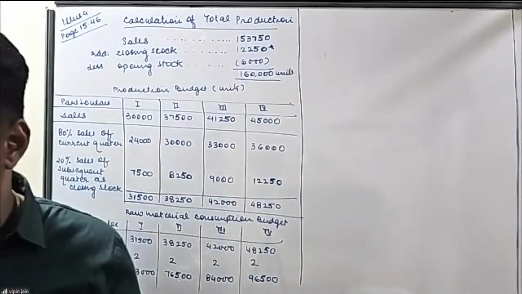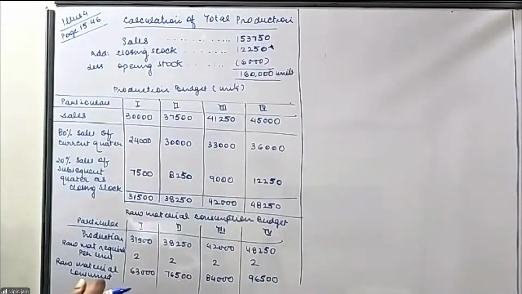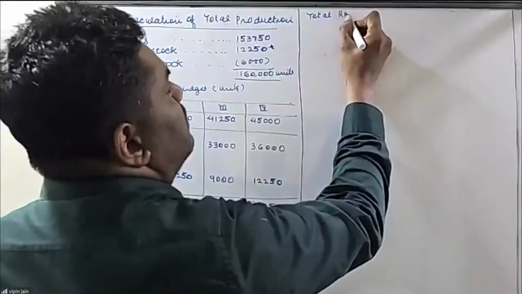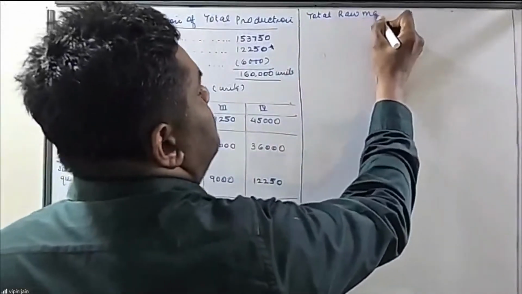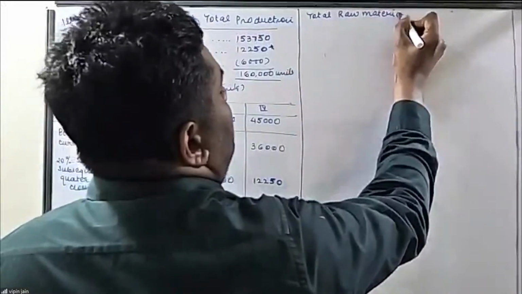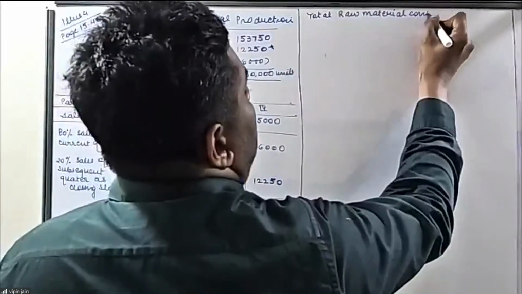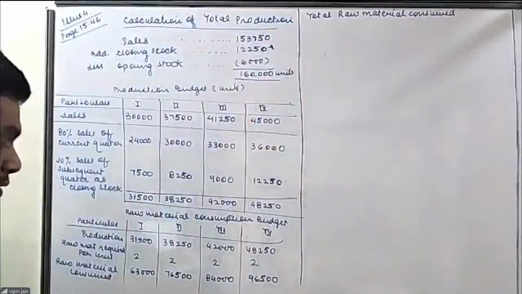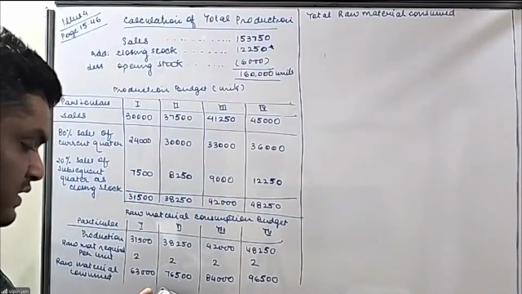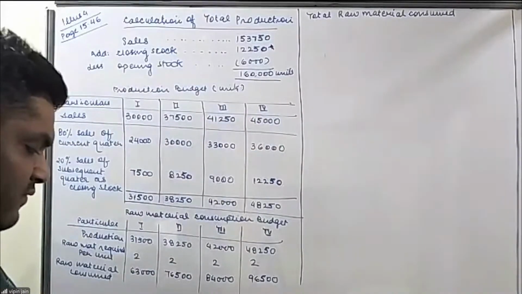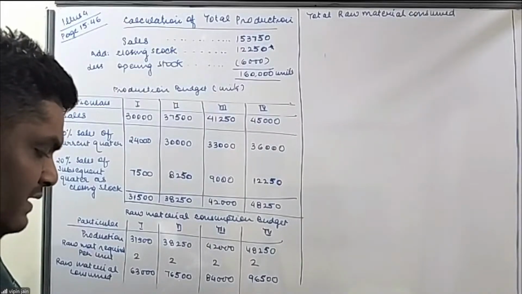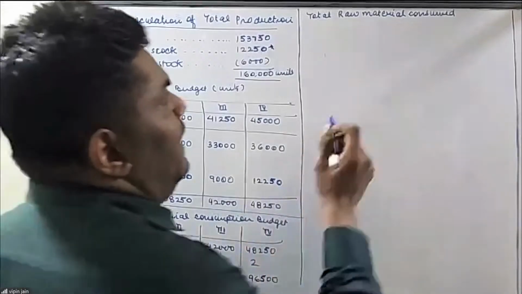So the total raw material consumed we can easily calculate. It will be 63,000 plus 76,500 plus 84,000 plus 96,500, that is 3,30,000.